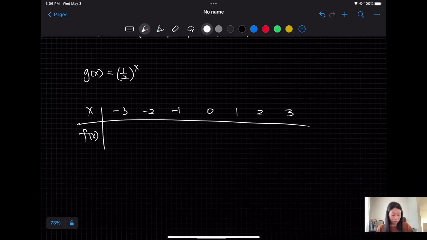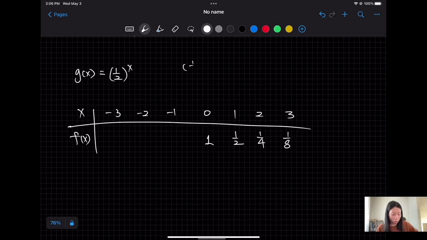When x equals 0, 1/2 to the 0 power is 1. To the 1st power, we have 1/2. To the 2nd power, 1/2 squared is 1/4, and this is 1/8. And then 1/2 to the negative 1 power is equal to 1 over 1/2, which equals 2.